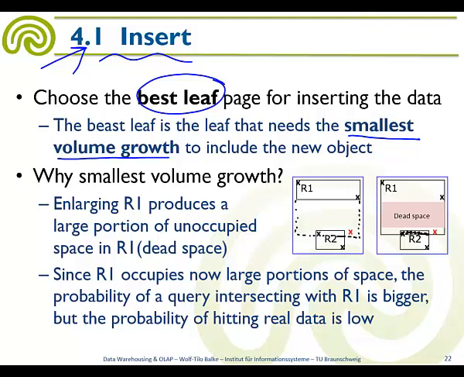And overlaps, we hate that, because we don't know which path of the tree to traverse. So you cannot make a decision, and you have to go through both parts of the tree. So this is very bad, because here you're creating a lot of dead space, and moreover, you're creating overlap with R2 over here.